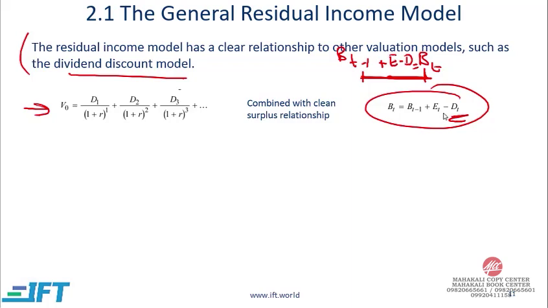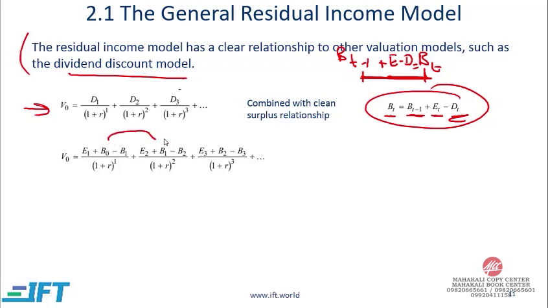Then D is simply equal to B(T-1) plus E minus B(T). So when we plug in the value for D1, you will have E1 plus B0 minus B1, and you can do the same. So this relationship is simply based on taking the dividend discount model, plugging this in, and then you get this relationship.